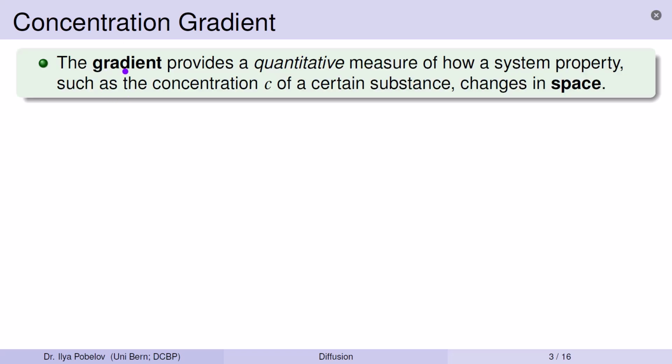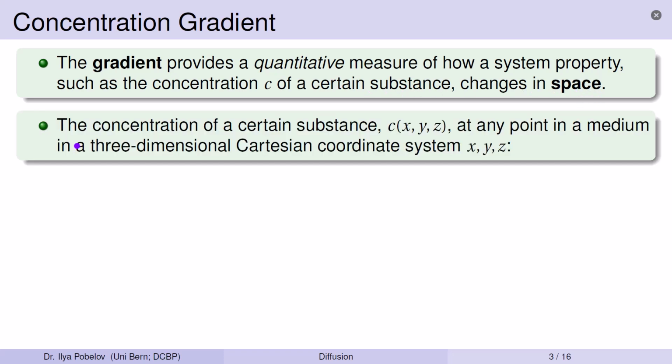The gradient provides a quantitative measure of how a system property, such as the concentration of a certain substance, changes in space. Let's consider specifically the concentration of a certain substance at any point in a medium in a three-dimensional Cartesian coordinate system x, y, and z.